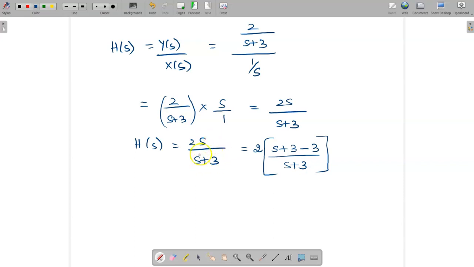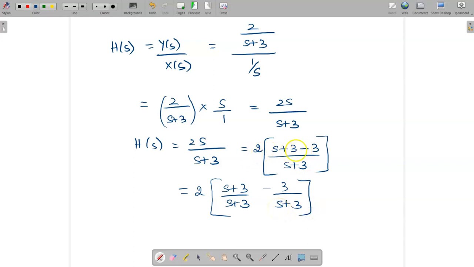Okay. So in order to obtain the denominator term in the numerator term, I am rewriting the s as s plus 3 minus 3. Okay. So once you have done that, 2 is constant, you keep as it is. Now this term divided by this term, that is s plus 3 divided by s plus 3. Additionally, what you have? Minus 3 divided by s plus 3.